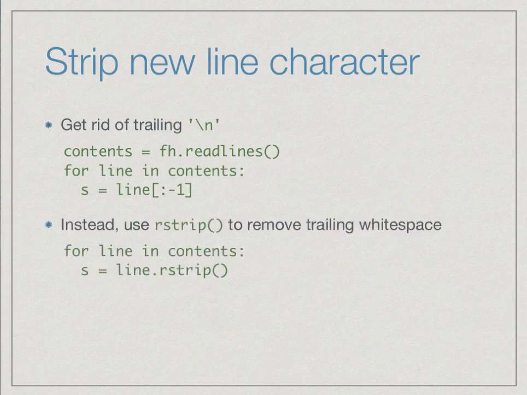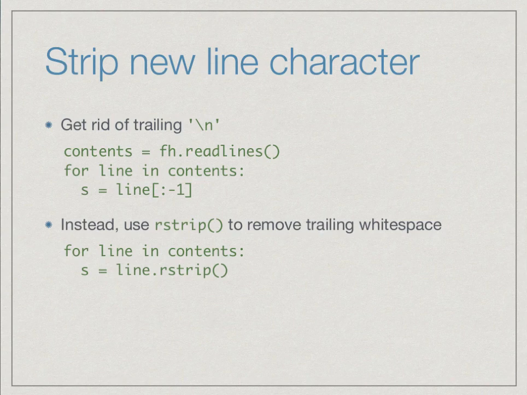Now in general, we may have other spaces. Remember, when we write out text, very often we can't see the spaces at the end of the line because they're invisible to us. These are what are called white space: spaces, tabs, newlines, which are characters that don't display on the screen, especially spaces and tabs. And if they're at the end of the line, we don't know whether the line ends with the last character we see or there are spaces afterwards. So rstrip is a string command which takes a string and removes the trailing white space, all the white space at the end of the line.